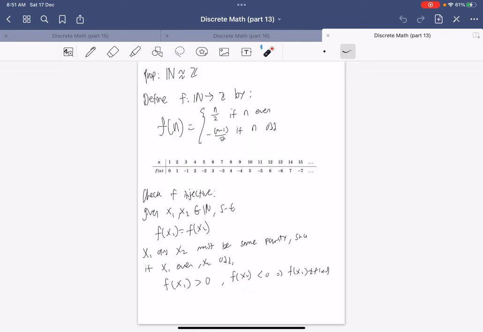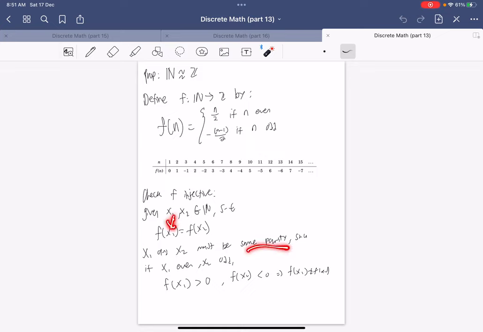So, let's first check that f is injective. We have already done so multiple times when doing functions in previous videos, but we run it through again to refresh our memory. So we take two elements x1 and x2 in N that have the same output. Because they have the same output, they must have the same parity.